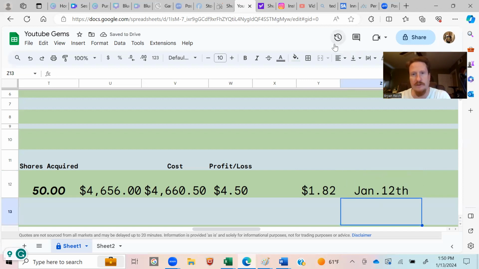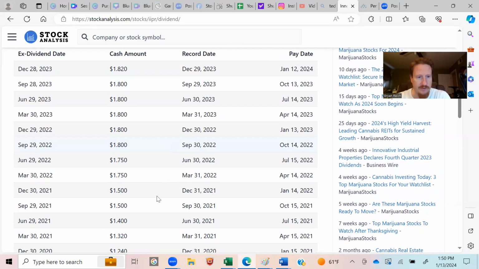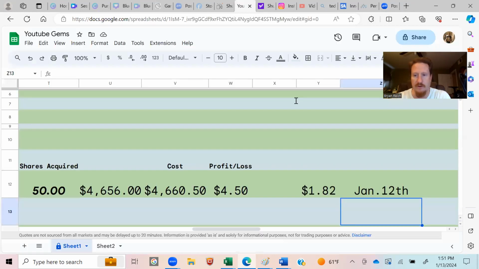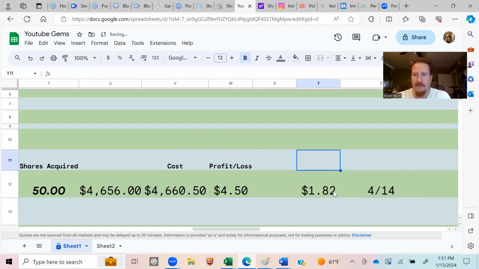So how I would do it going forward is I would look at last year. Last year they paid in April, April 14th. So that would be something that I would mark down. So April 14th, because we're already into it. April 14th, they'll pay us $1.82.